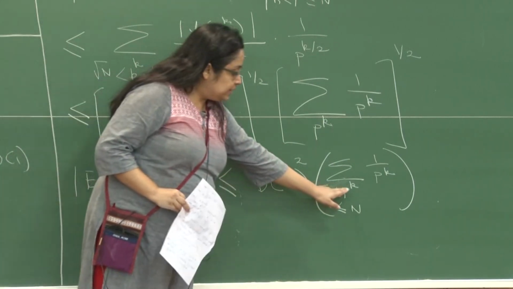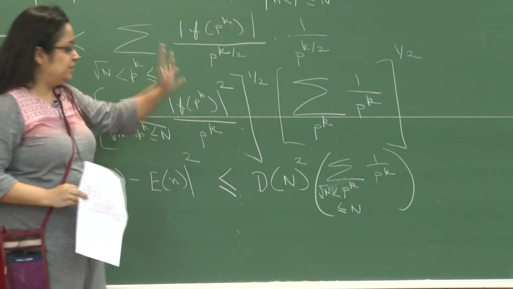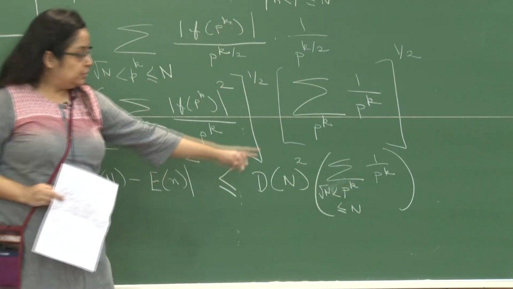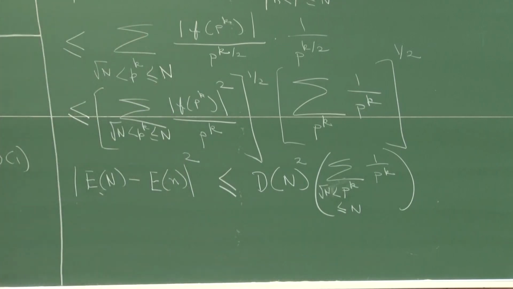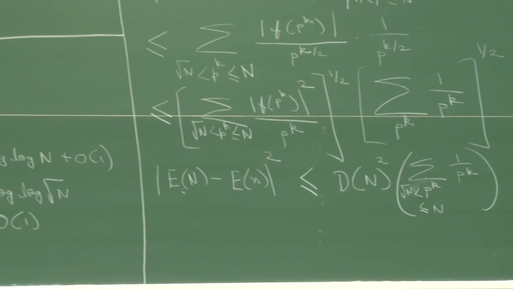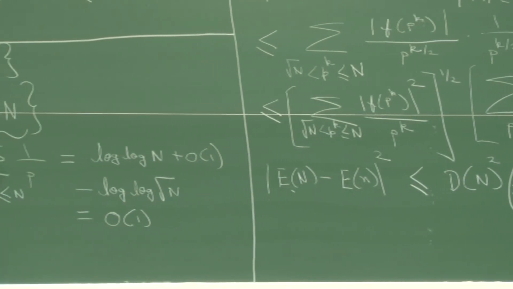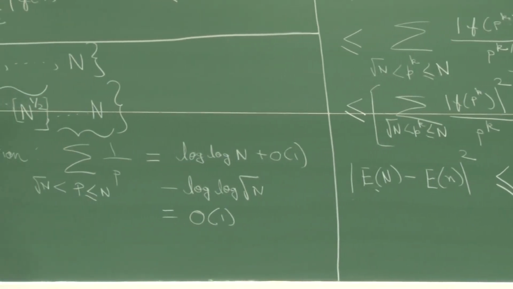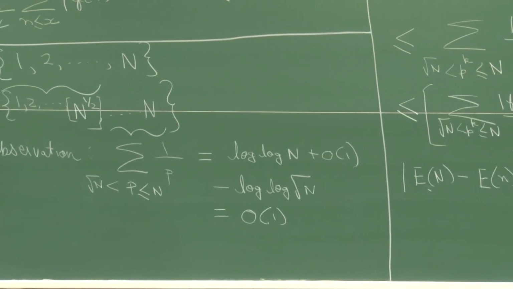So the part of this sum where k is greater than or equal to 2 is just O of 1. So it's what happens when k is equal to 1. We just showed that if p lies in suitable intervals, then the main term just vanishes and again you are left with something which is absolutely bounded above.